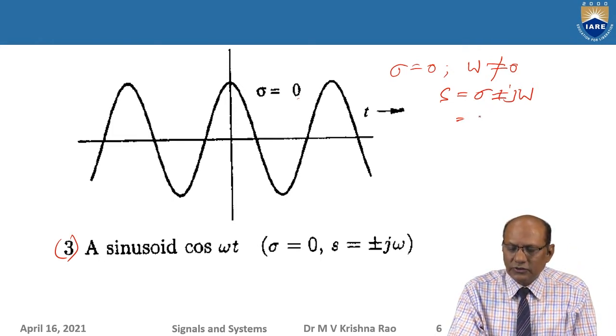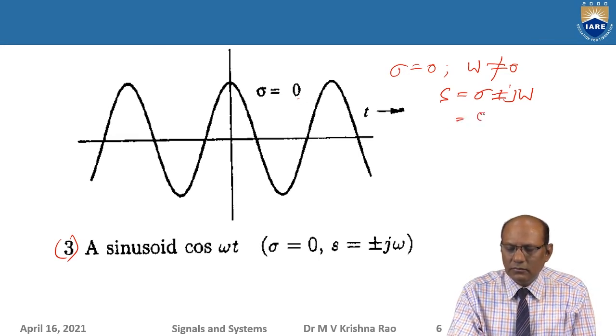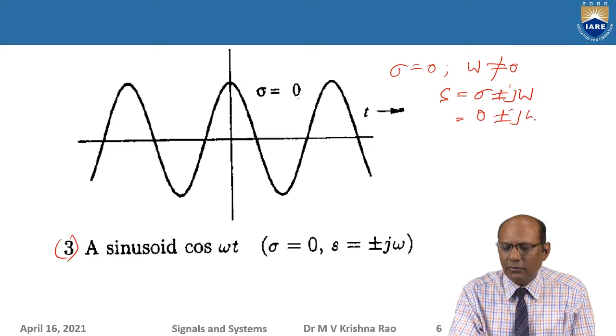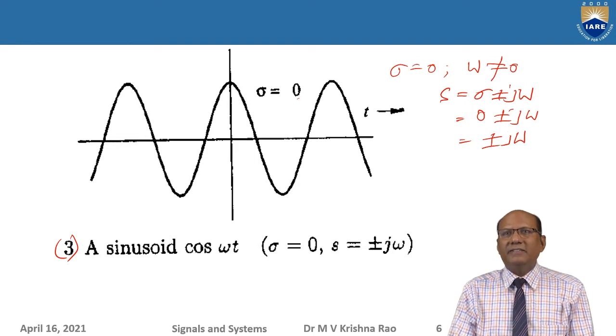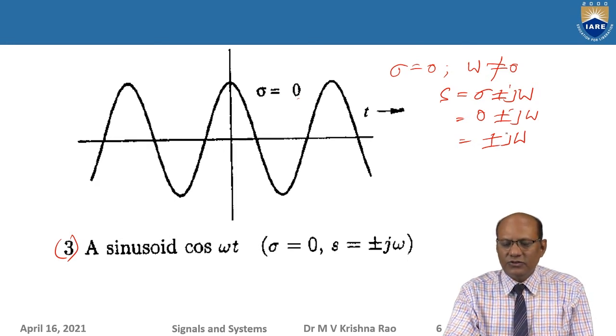Doesn't matter. So sigma is 0. 0 plus or minus j omega. So it is nothing but plus or minus j omega. That means it is only purely imaginary. When sigma equal to 0, you have a purely imaginary function, that is j omega.